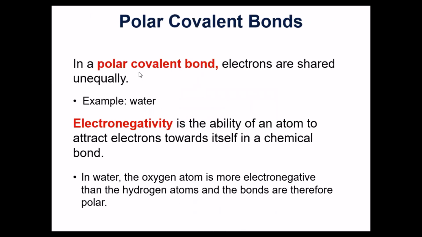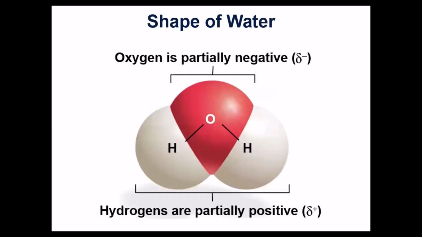Those that are polar still share electrons, but it's not an equal sharing, and so that creates something called electronegativity. The classic example here is water, and that creates some very unique and very important properties. This is a diagram of water. We know the formula is H2O, but notice it's off balance, and so that means you have some electronegativity.